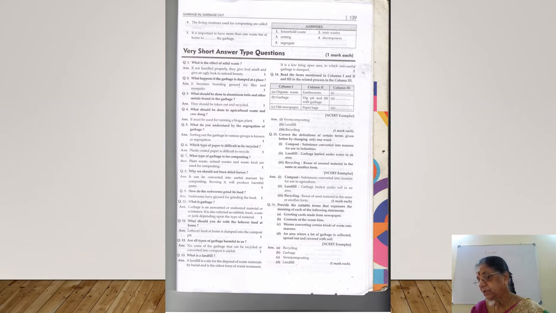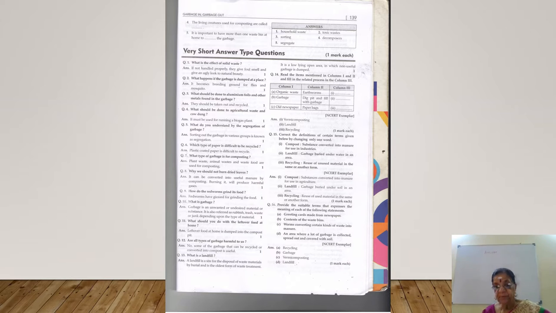Then what should be done to agricultural waste? It must be used for running a biogas plant. Okay. What do you understand by segregation of garbage? Sorting out garbage into various groups is known as segregation.